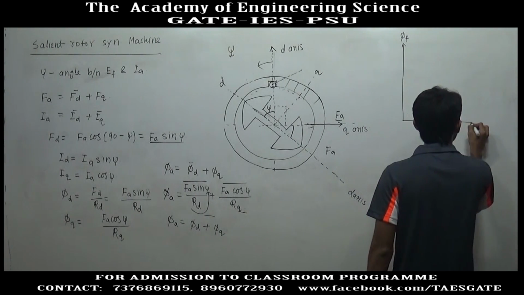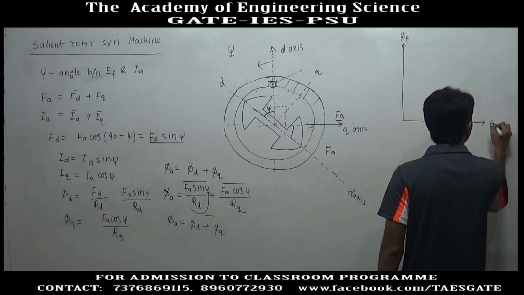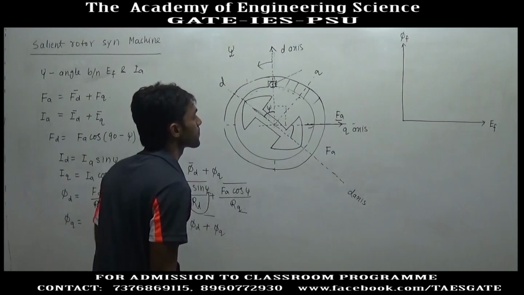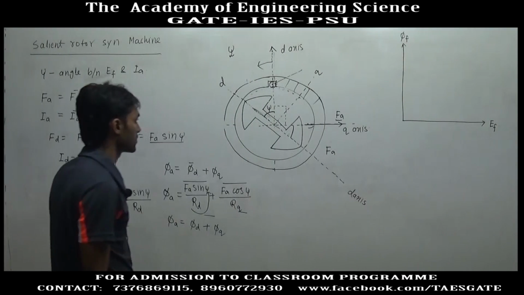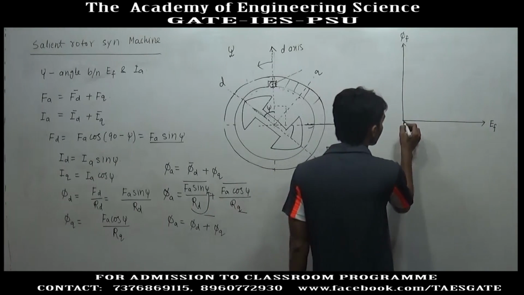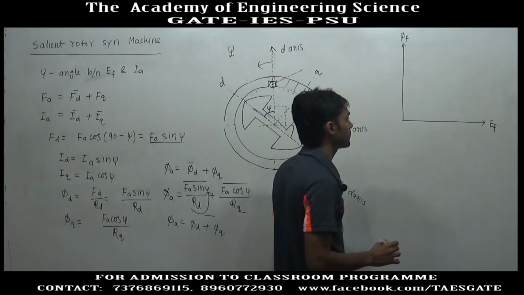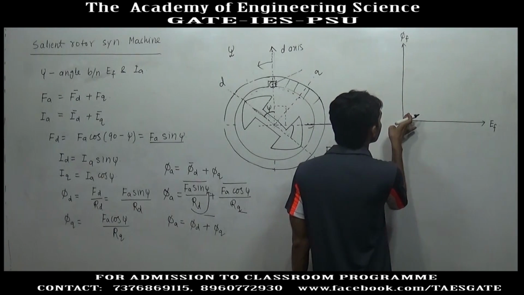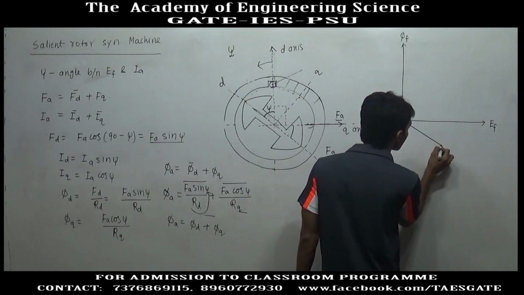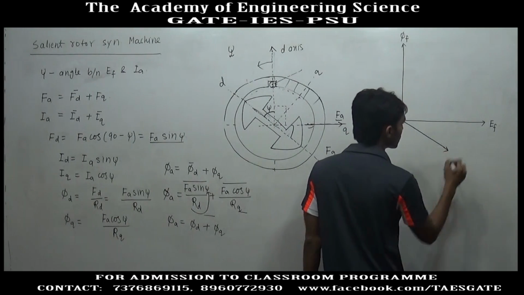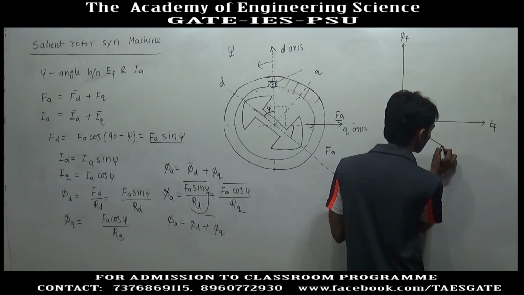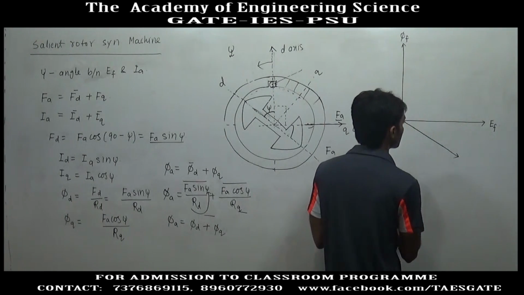So this will be the direction of induced EMF due to field flux, and since we are studying a generator, the terminal voltage will lag the generated voltage. This is terminal voltage.